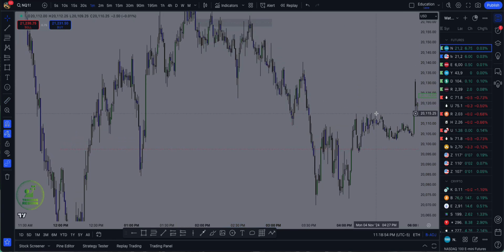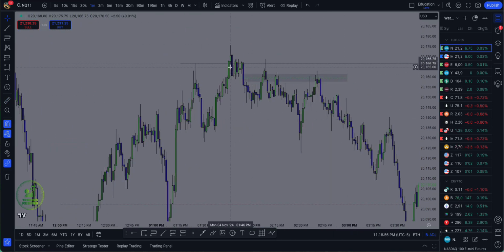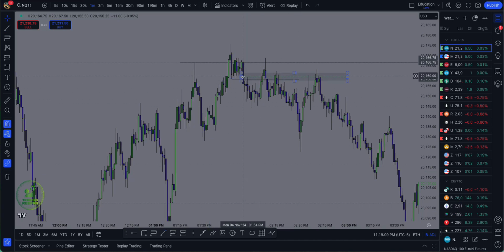And like I said, the reason I would have gone into it is because we did take the lunch high right here. We came in here, we displaced down right here, breaking these short-term lows. So that is the market structure shift, with an FVG, which is the displacement, a big candle down. And that would have been my entry as soon as we went into this FVG.